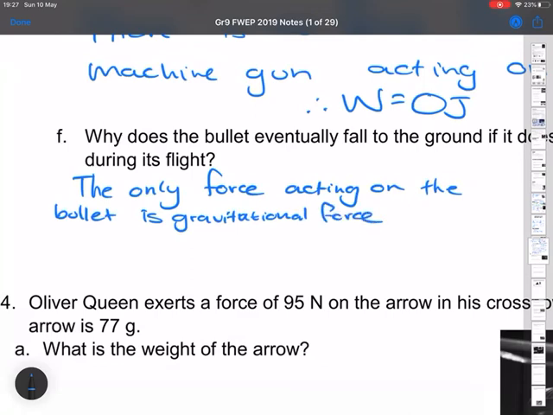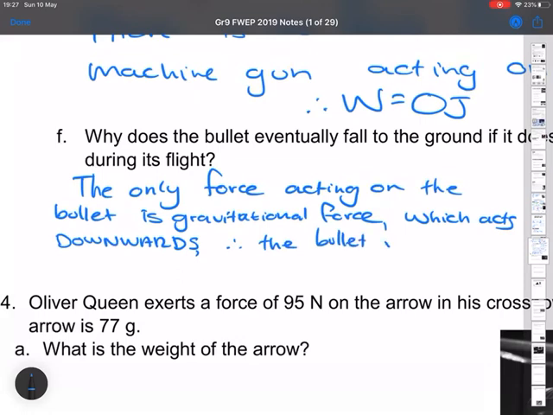So the only force acting on the bullet is gravitational force, the force of the Earth on the bullet, and that acts downwards. And therefore the bullet is pulled or attracted towards the ground.